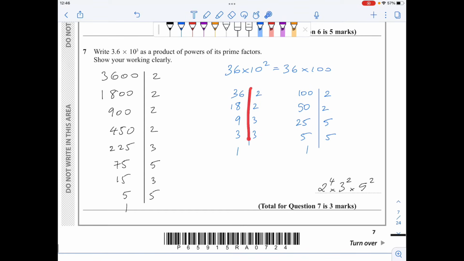Now if you look at both columns of prime numbers, you will see that I have 4 2's, 2 3s and 2 5s, and these are the powers of the prime factors.